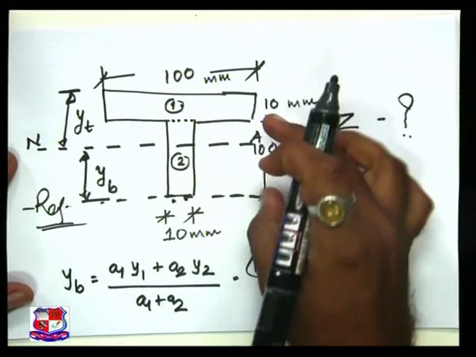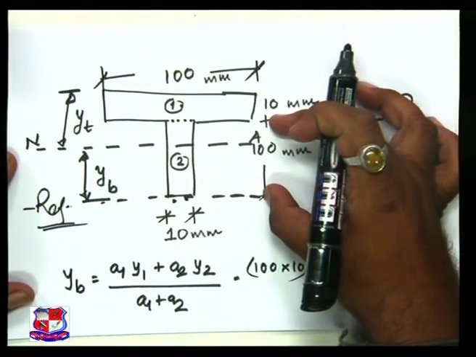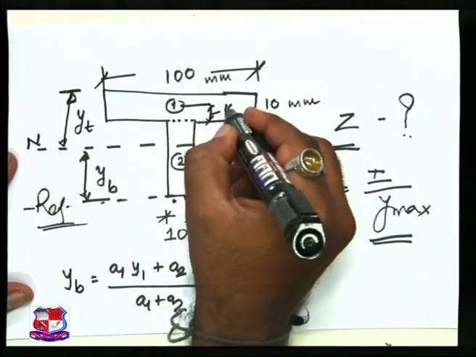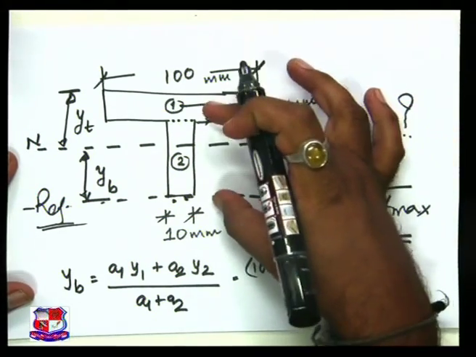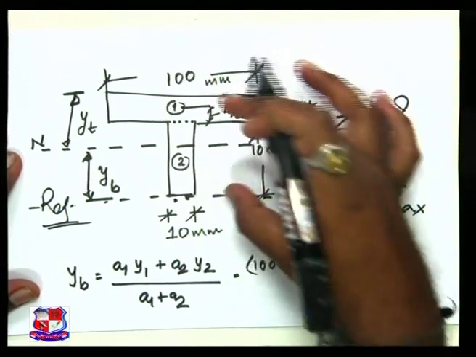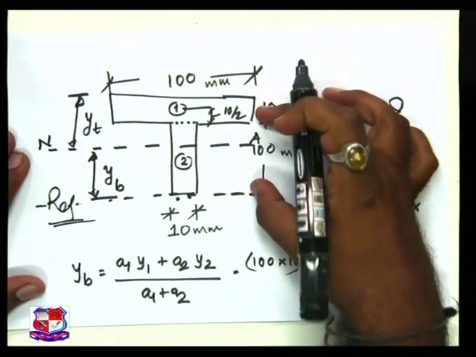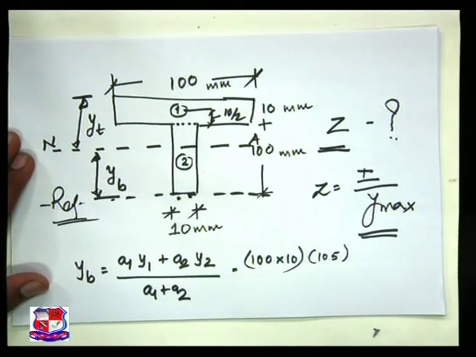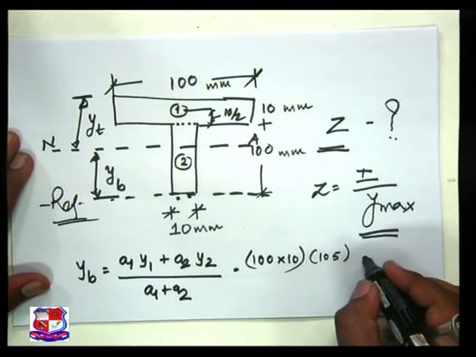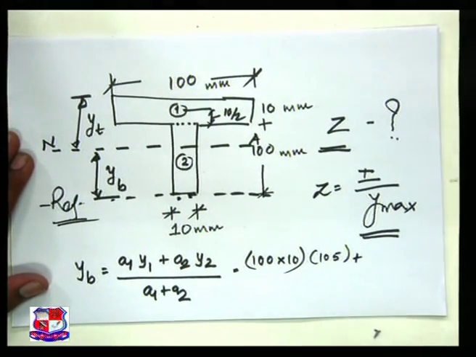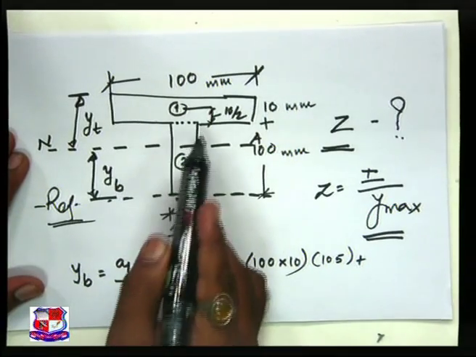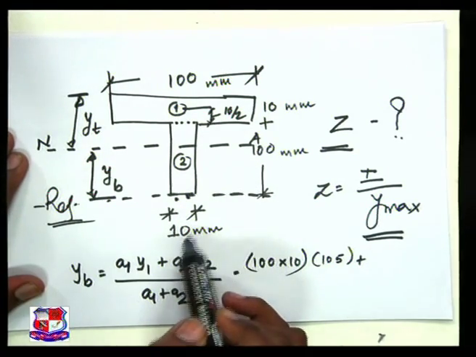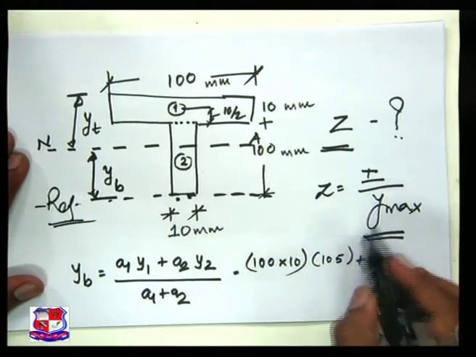Now see, this distance is 100 mm. The CG of the first rectangle is over here. So we know this distance is 10 by 2, that is 5 mm. So this distance is 100 plus 5, 105. This is our y1. Now let us go for a2. What is a2? a2 is the area of the second part, which remains the same, that is 100 multiplied by 10.